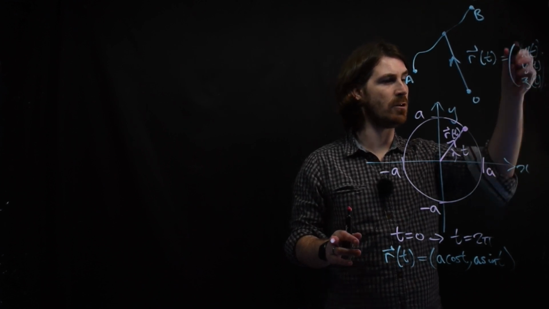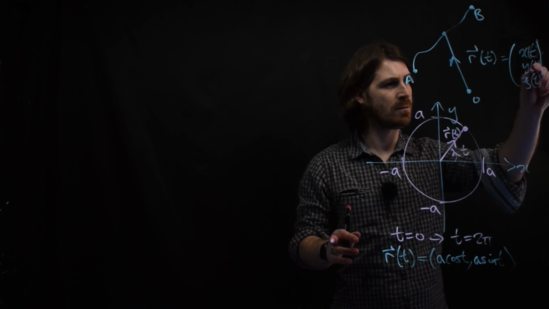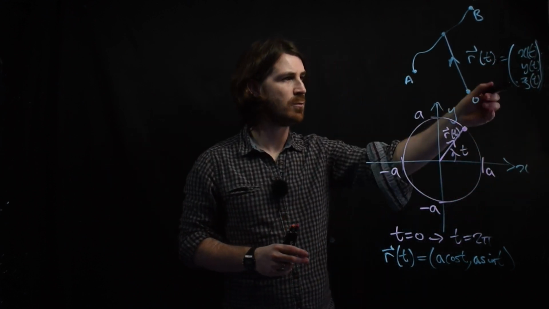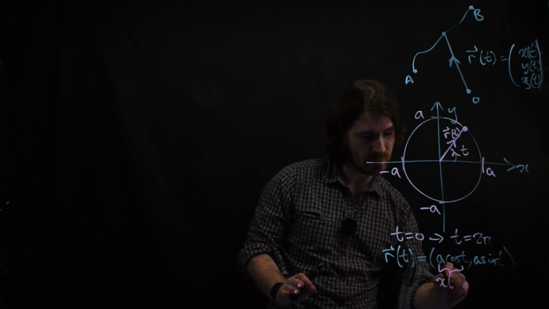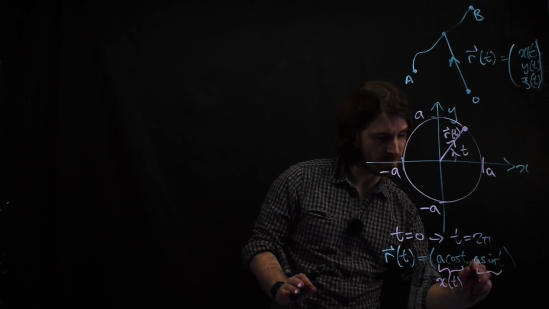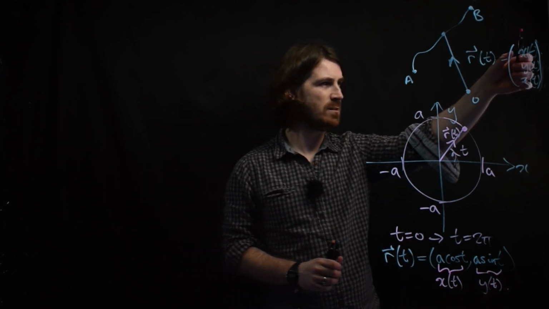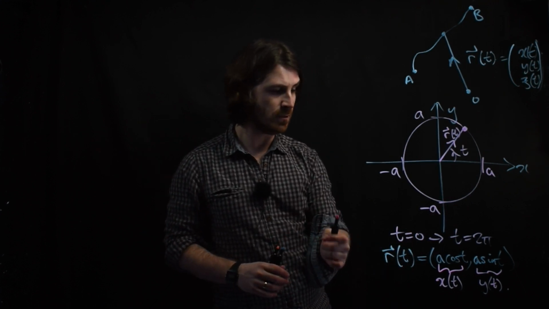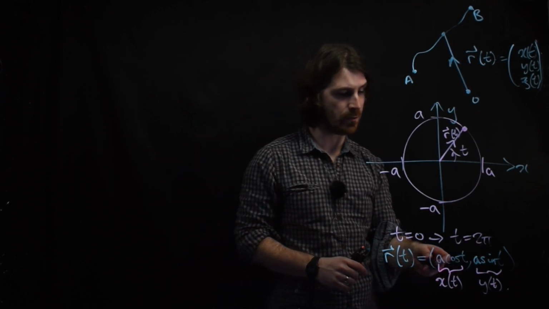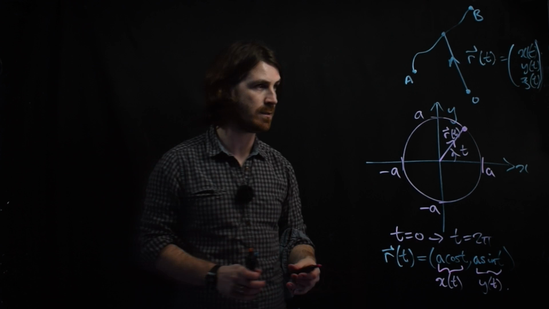I'm writing it like a column because I'm out of space: x component, y component, z component. So here, this is the x component, x of t, and here, this is the y component. In general, these functions will be quite complicated. In the circle, we know what they are, and they're not too difficult: a cosine t and a sine t.